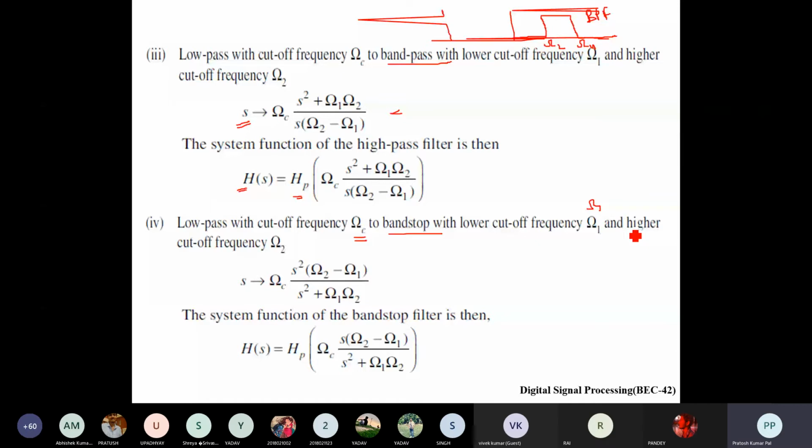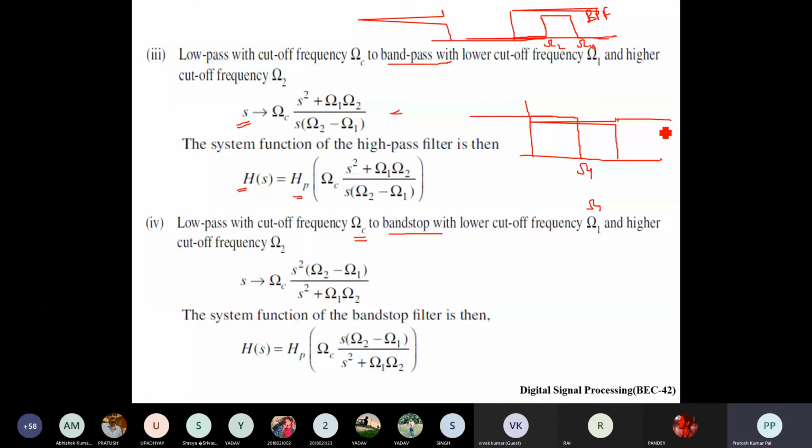It will pass the signal up to omega 1, and after that it will stop for a band. It stops the passing of the signal for a fixed range of frequencies. This will be omega 2.